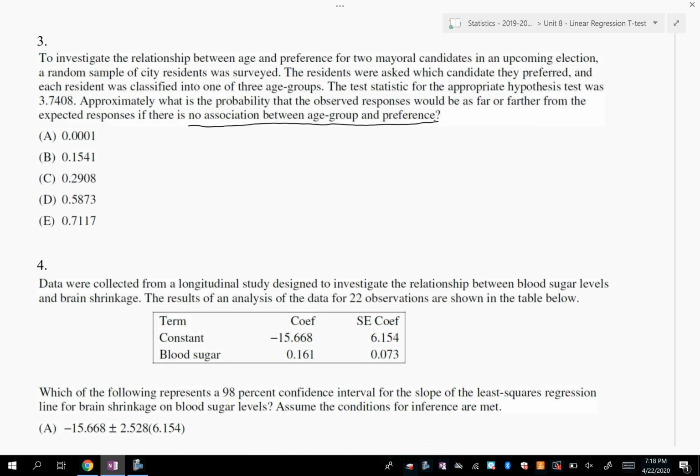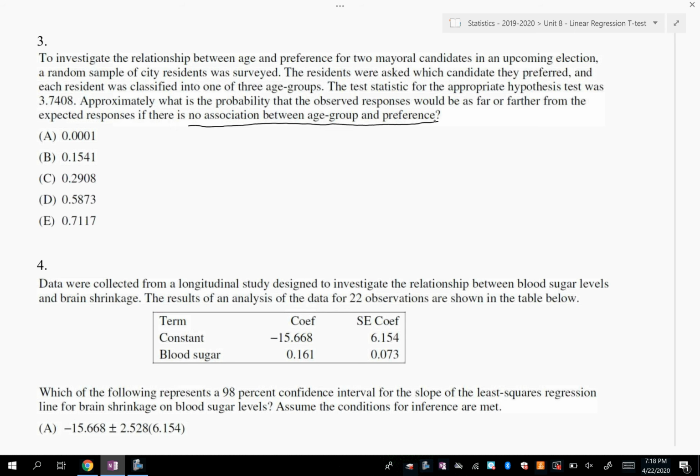Okay, so the first thing I ask myself is, okay, well, this test that I'm being asked to do in terms of the content has chi-square tests, which are about categorical variables, and linear regression, t-tests and intervals, which are about quantitative variables. So when I'm thinking about this, they're being asked which mayoral candidates they have a preference for, and they're selecting their age.